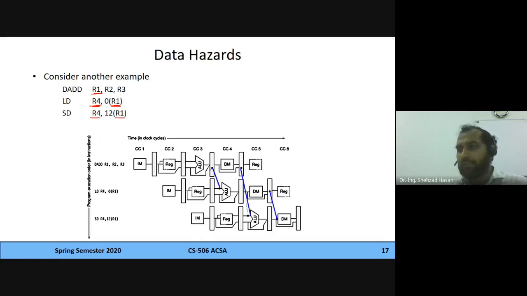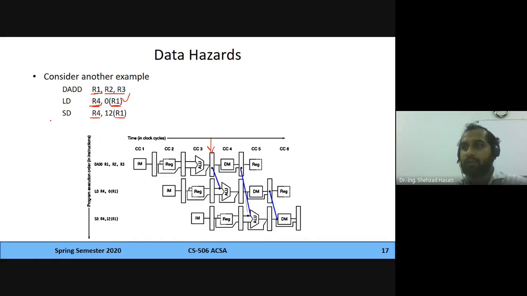So add is producing a result R1, and that would be available at the end of the third cycle. Load needs that result in its execution stage, so it would be forwarded, and we have just talked about the EXMEM pipeline forwarding for this case, right? So that's okay, and nothing more is required for load.